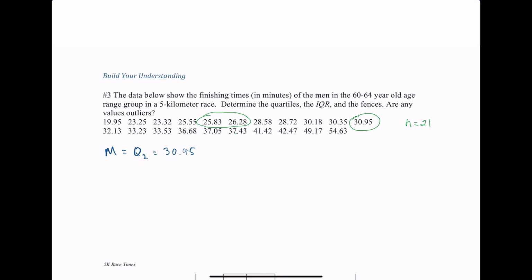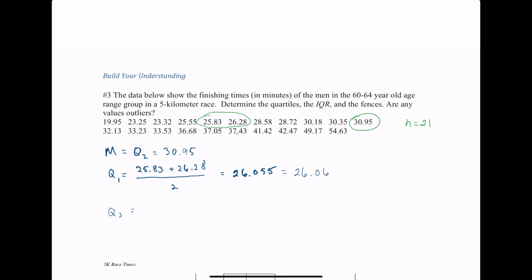So Q1 will be 25.83 plus 26.28 divided by 2, which is 26.055. And I'll round that to the same number of decimal places that our data values had in our data set. So 26.06. And that's Q1.